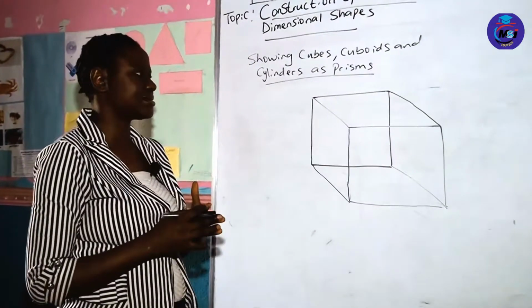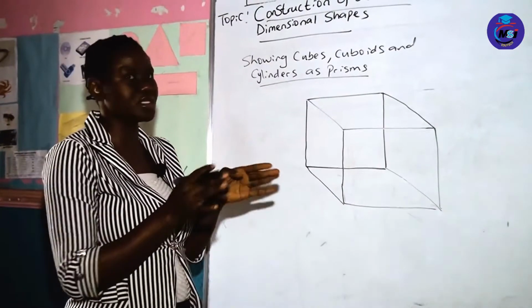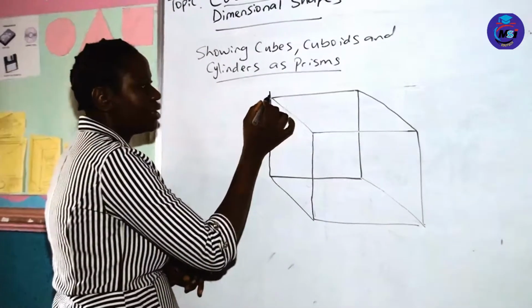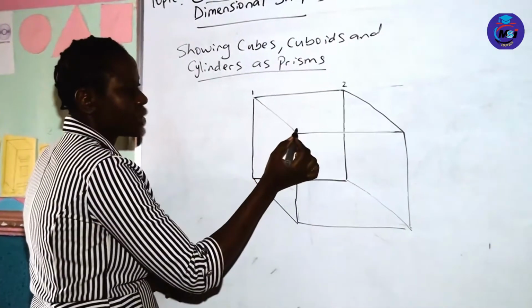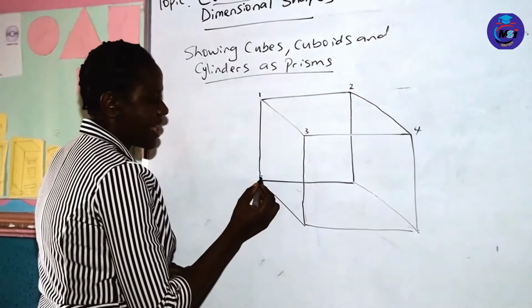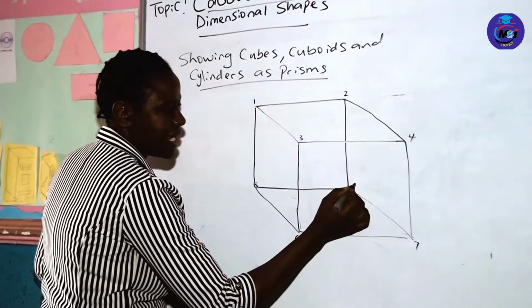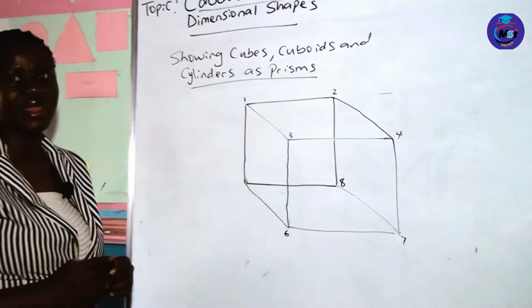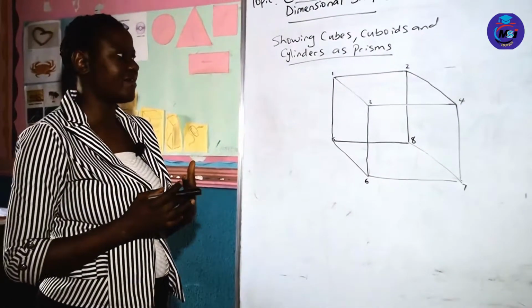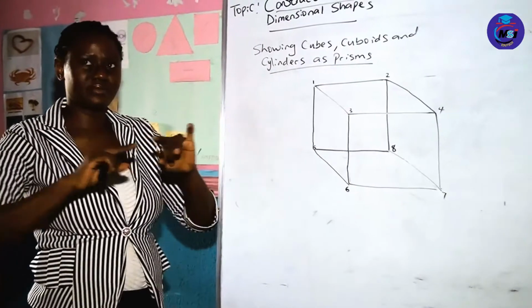Now let's look at the vertices. A vertex is a point where edges meet. We have 1, 2, 3, 4, 5, 6, 7, and 8. So 8 vertices. Now what about the edges?